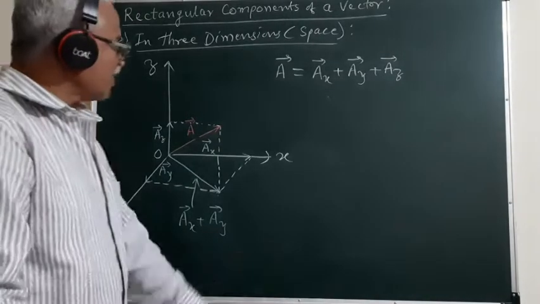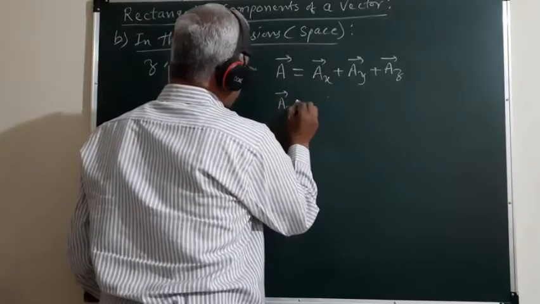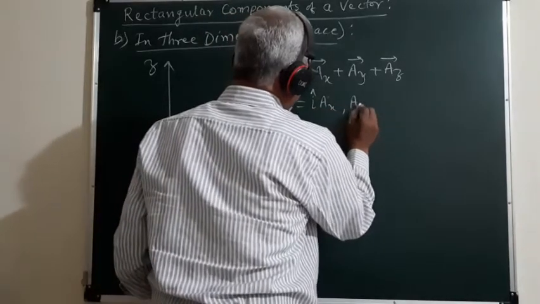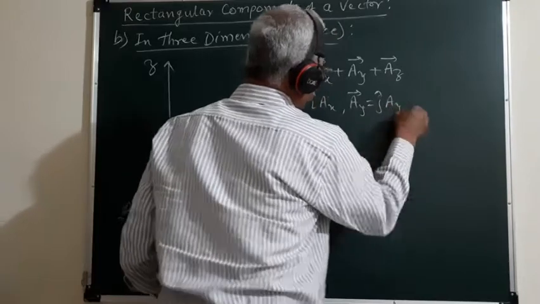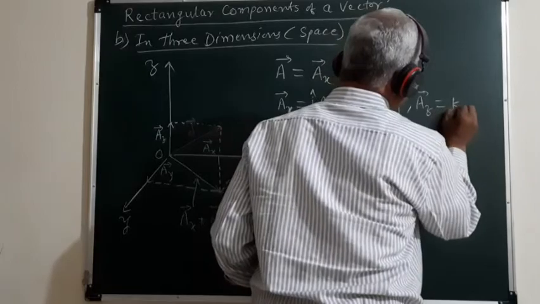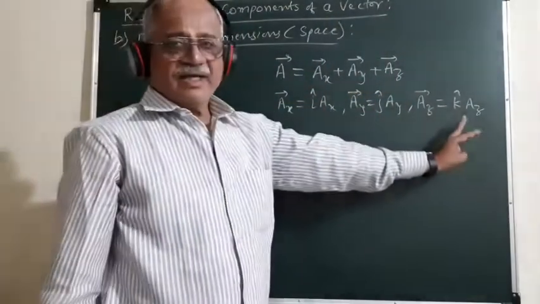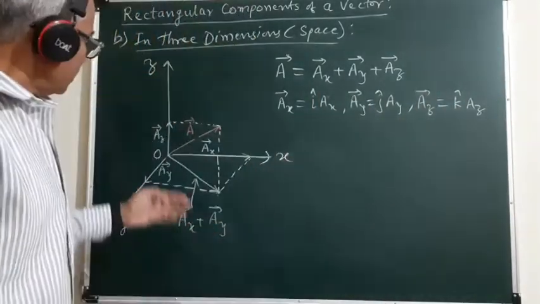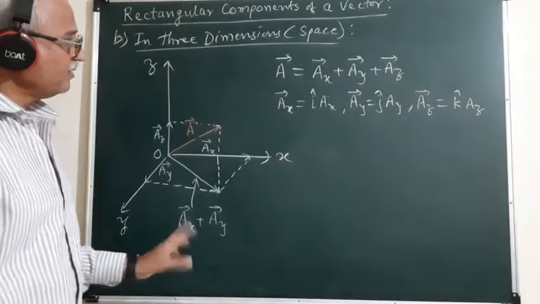components. And as we know, the vector ax bar is expressed as i cap ax, ay bar is expressed as j cap ay, and az bar is expressed as k cap az, where i cap, j cap, k cap are the unit vectors along the positive directions of x-axis, y-axis and z-axis respectively.